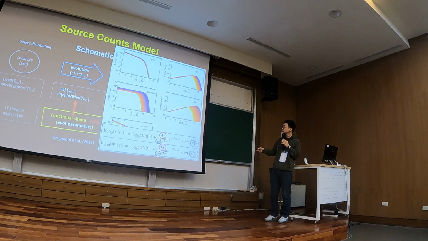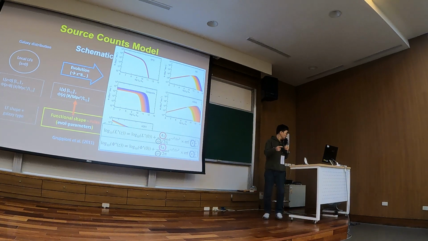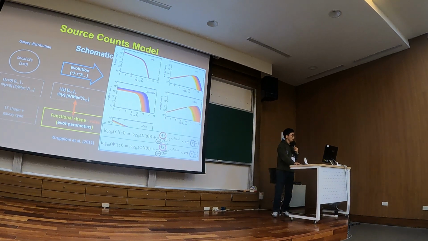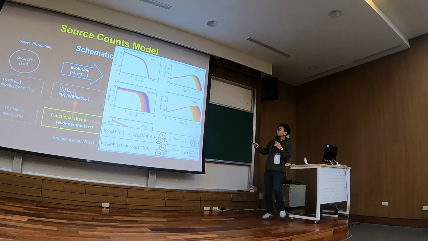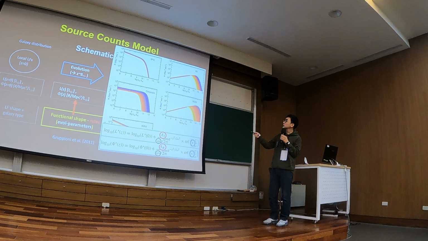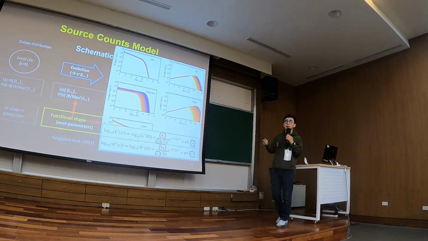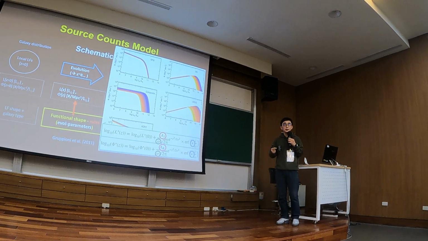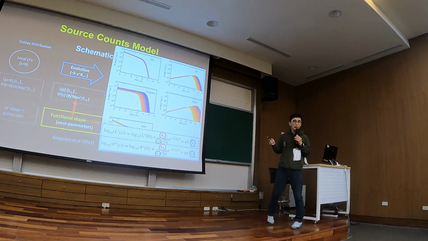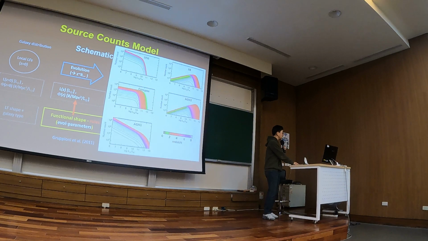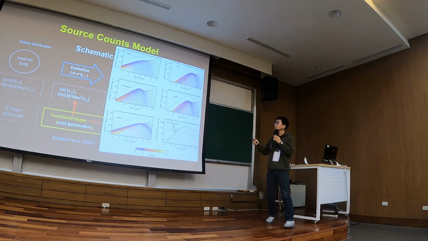Then the luminosity and density in this figure can finally be converted to the observed flux density and actual number of galaxies, so we can obtain this kind of figure.